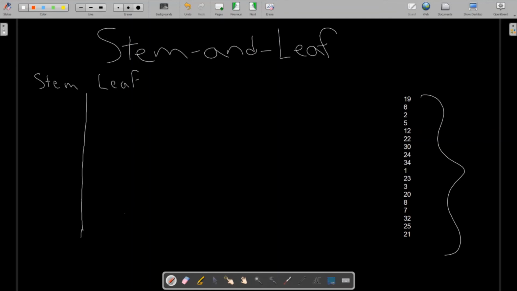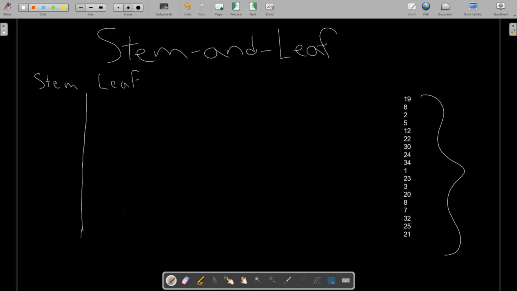And what we have is the stem will represent all of the digits of each data value except for the very last one. So a better way to think about it is the leaf is the ones place of each data value, and the stem will represent the tens place, the hundreds place, as far up as it goes.